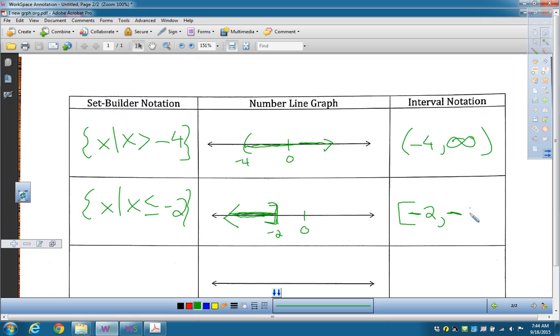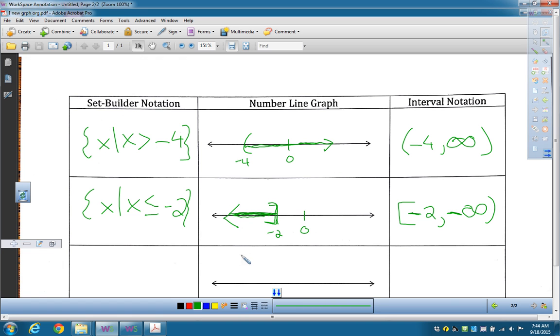So you do sideways 8 and a curvy bracket. That says from -2 down to negative infinity, meaning it goes on forever in the negative direction. Yes, ma'am. Should we have a square bracket at the end? No, because you can't put bounds on infinity, right? So you just put a curvy bracket whenever you see an infinity.